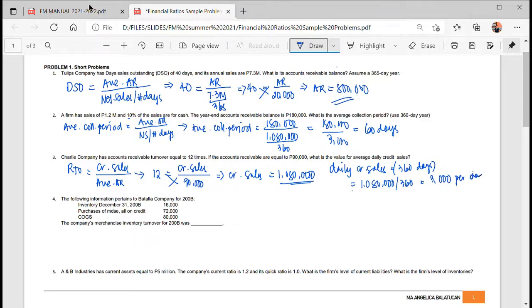Or pwede na 3,000 because the question is already how much is the daily credit sales. If we're going to use 365 days, that would be 1,080,000 divided by 365.